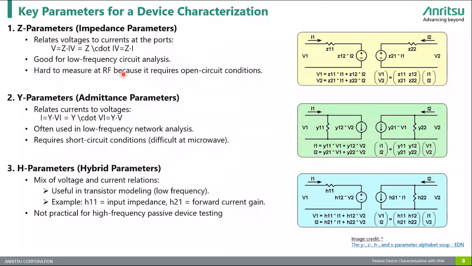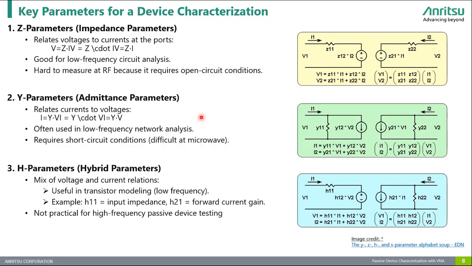For device characterization, there are some key parameters which we need to consider. This slide will introduce those to you. This slide introduces three foundational parameter sets used in electrical network analysis: Z parameters, Y parameters, and H parameters.